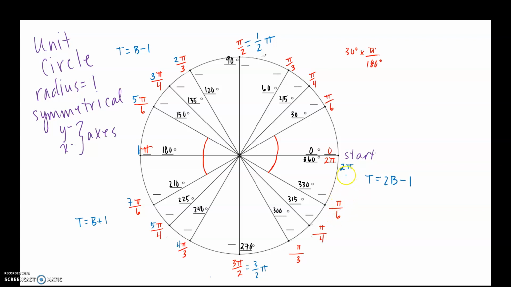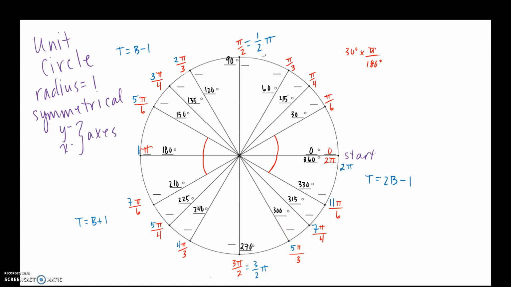Well, I still need my angle measure to be smaller than 2 pi, but bigger than 1.5 pi. So for pi over 6, I'm going to double 6, I get 12. I take 1 away from it. So 330 degrees is 11 pi over 6. 315 degrees, 8 minus 1 would be 7 pi over 4, and 300 degrees would be 5 pi over 3.